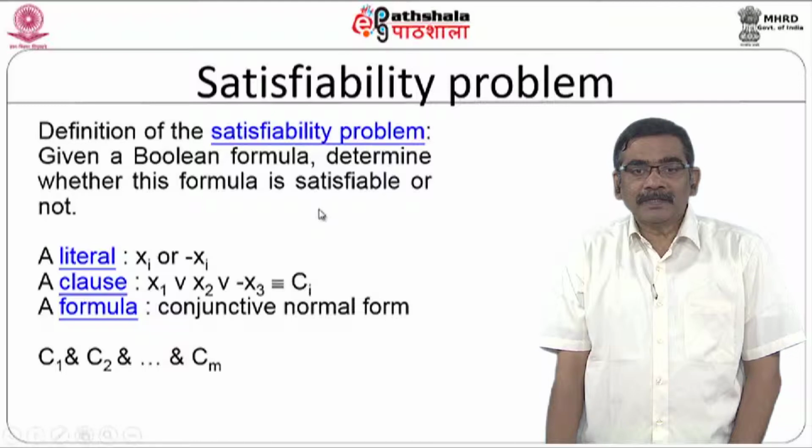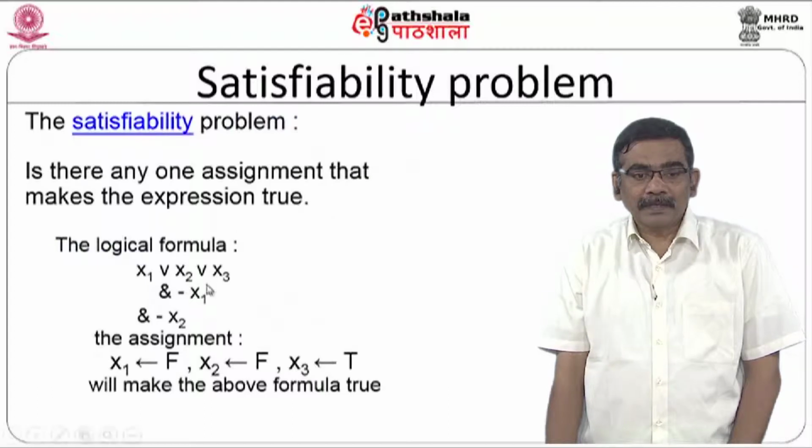So, the logic of circuit satisfiability can be extended to satisfiability, that is, given a formula of all these variables, can we give any assignment that makes the formula true? So, the question is what values I can give to x1, x2, x3 such that this formula becomes true. You can see that for this set of assignments the problem is satisfied.